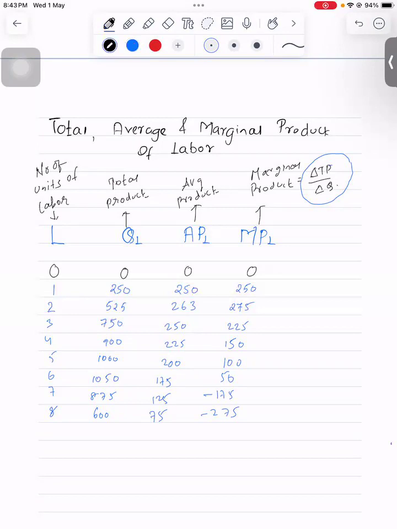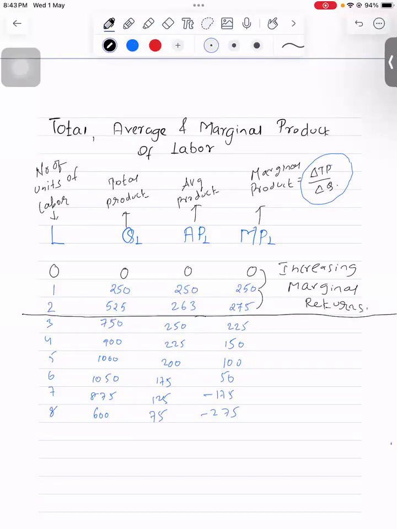Initially from zero, marginal product became 250. Then from 250, it became 275. So up to second worker, marginal product is increasing. This is known as increasing marginal returns.